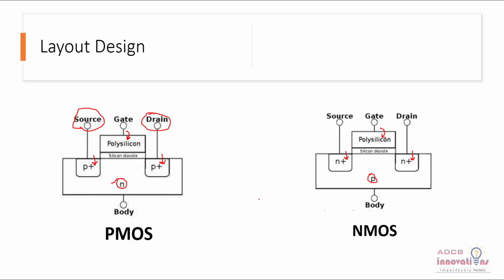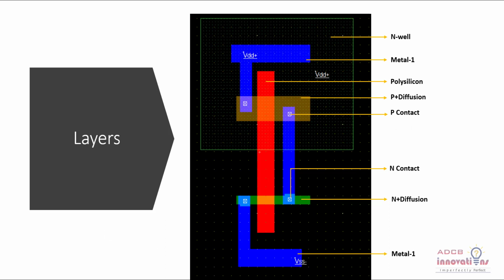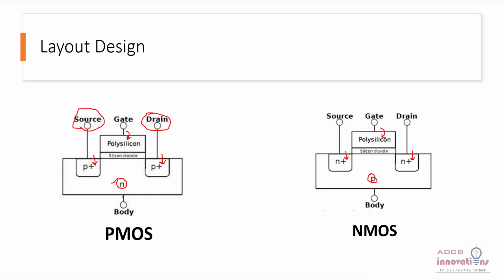Now I will show you what these things are depicting. This is the image of an inverter, the layout of an inverter. This green layer is the N-well. You see in the previous slide, for the PMOS we need an N-type substrate, that is the N-well, on which the whole MOSFET is built.